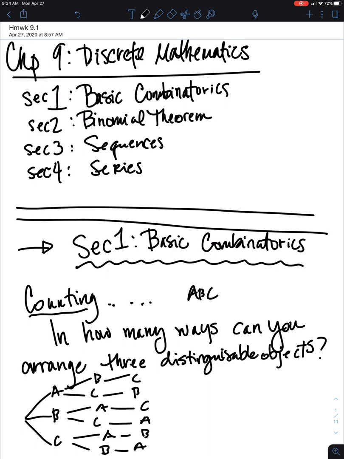You can see how many leaves you have on your tree. There's 6, but you could also just list them out.